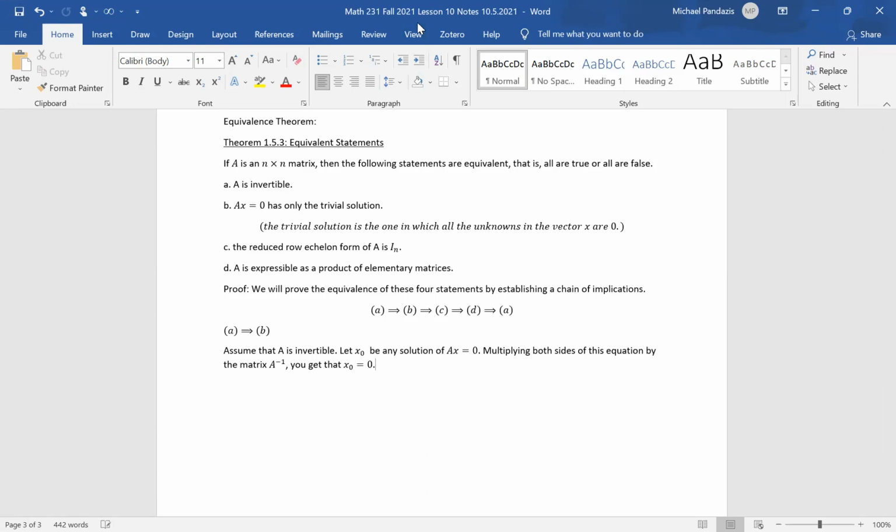Okay, so I wrote that briefly there. I'm going to add to it here. If you have Ax naught equals 0, x naught is a solution of this equation. A is invertible, right? We assumed A is invertible. So I'm going to multiply the left side by A inverse.